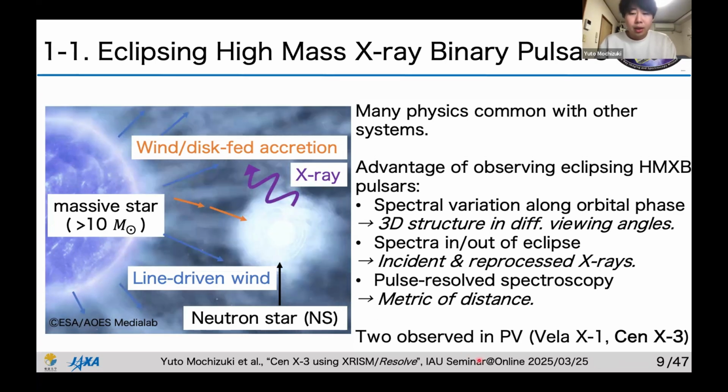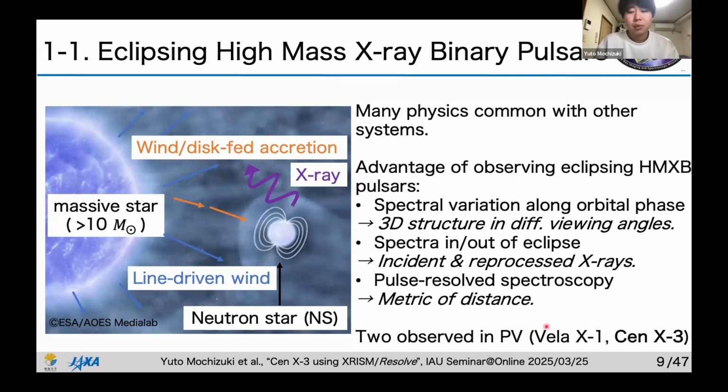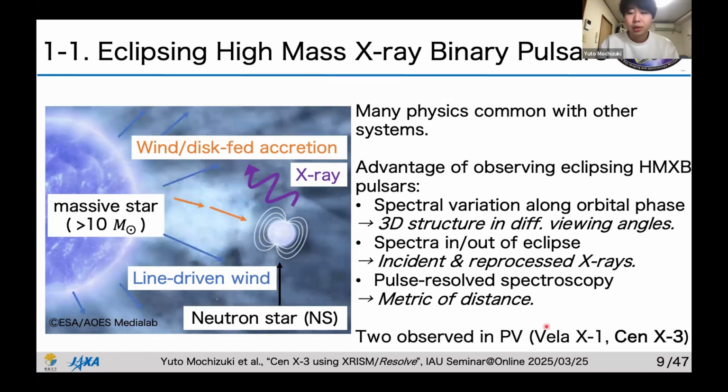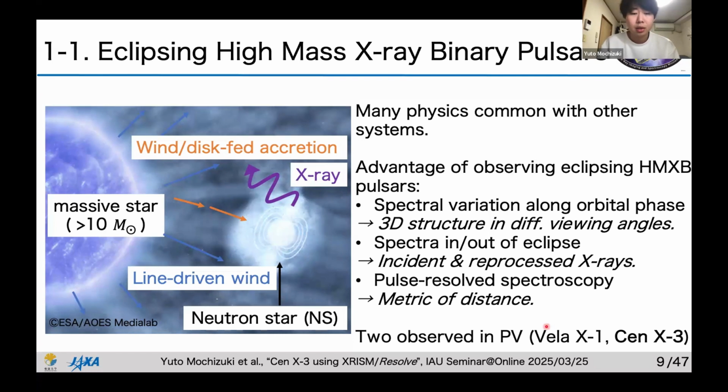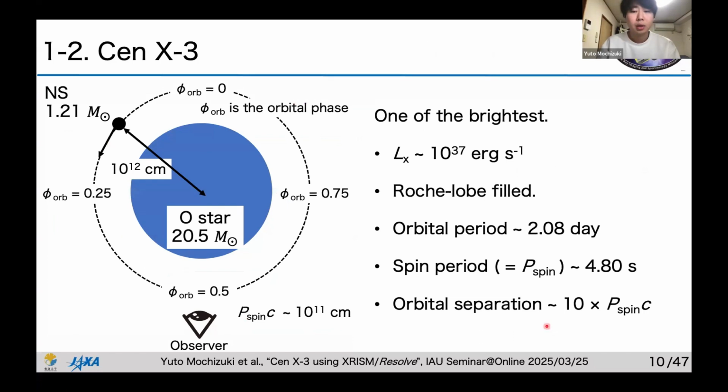Her X-1 and Cen X-3 are eclipsing high-mass X-ray binary pulsars, and these objects were already observed in the PV phase of XRISM Resolve. In this object, Cen X-3 is one of the brightest objects.